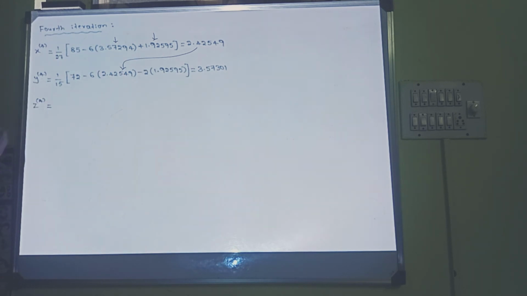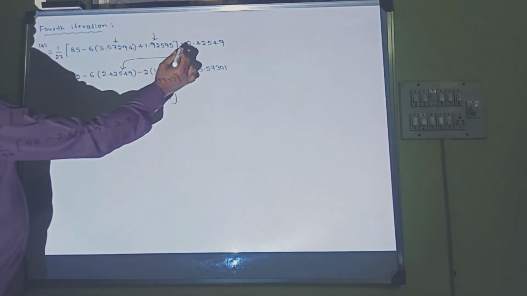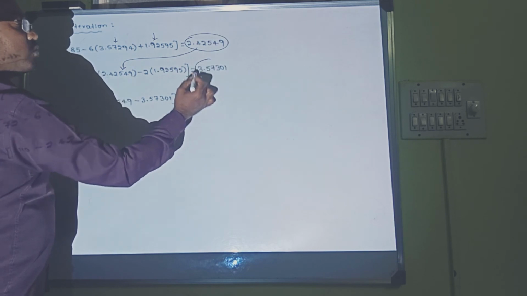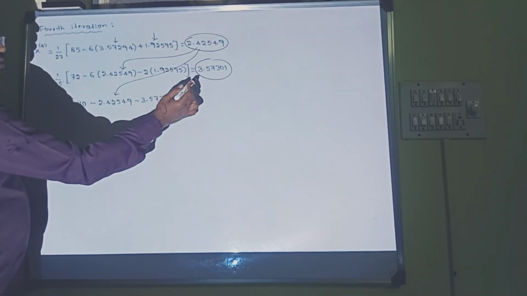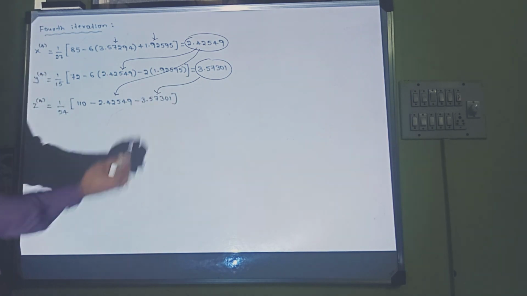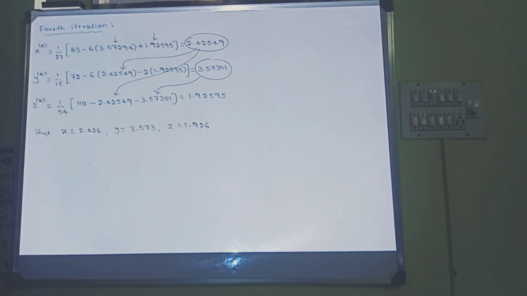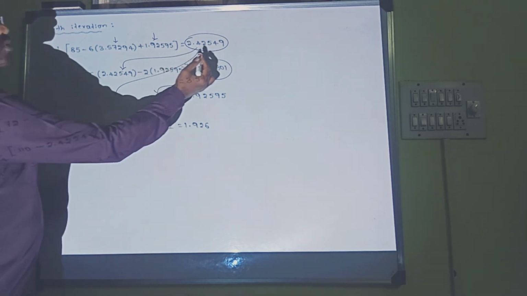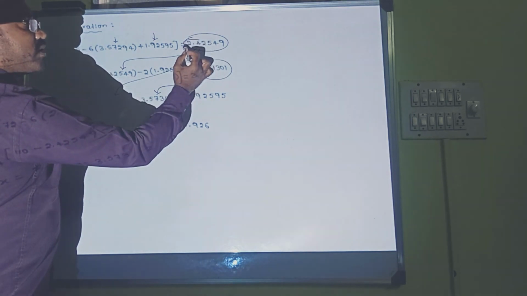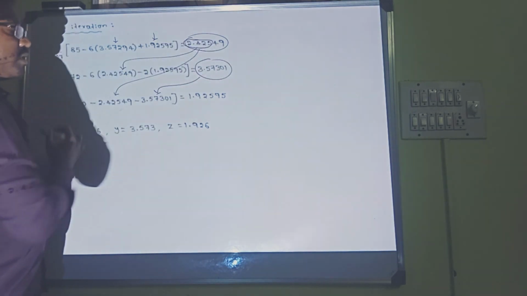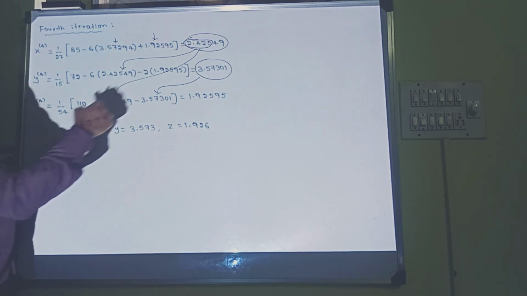Then to find the value of z, we will use new x and new y. See, here we have used new x and new y, which gives this. Thus, x is equal to this, y is equal to this. We have corrected up to 3 decimal places, which will give this.